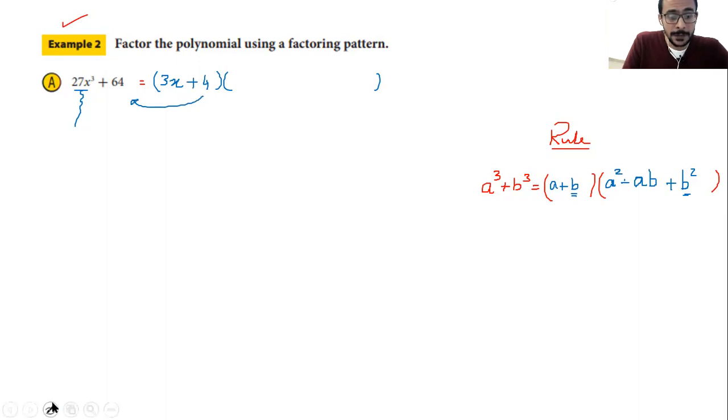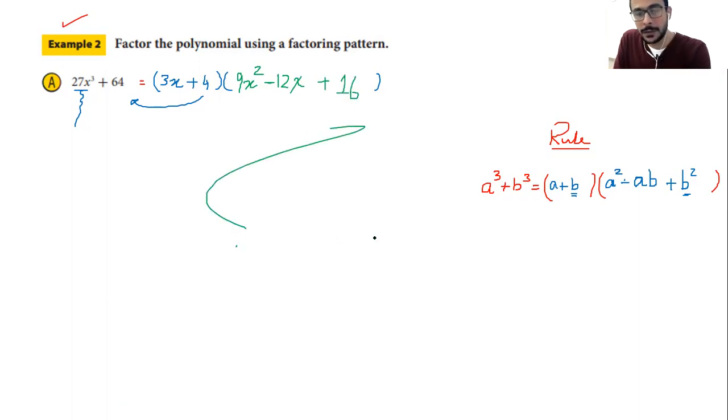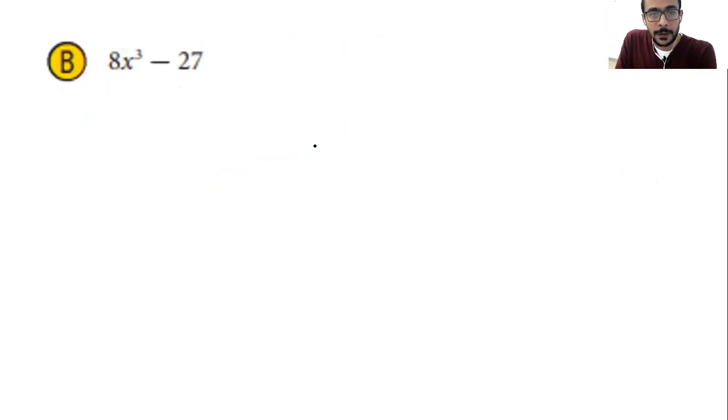In the next parentheses, 9x squared, square 3x, 9x squared, right? Minus 12x. Excellent. Multiply first by second and change the sign, plus 16, square 4, which is 16. Excellent. Any question?